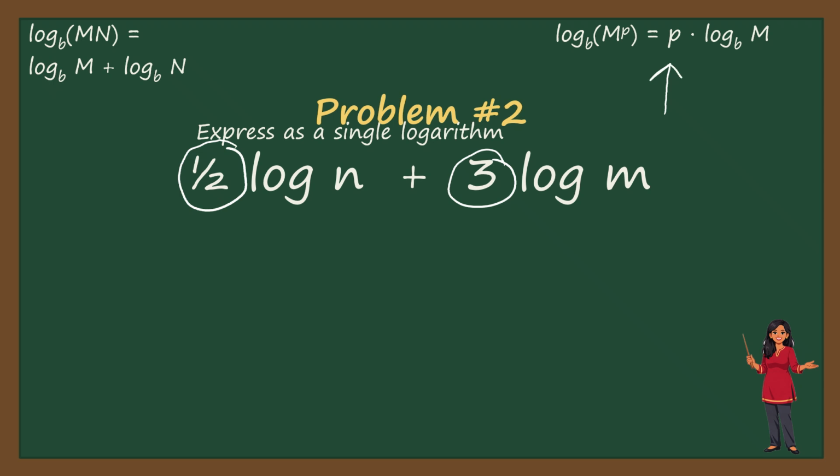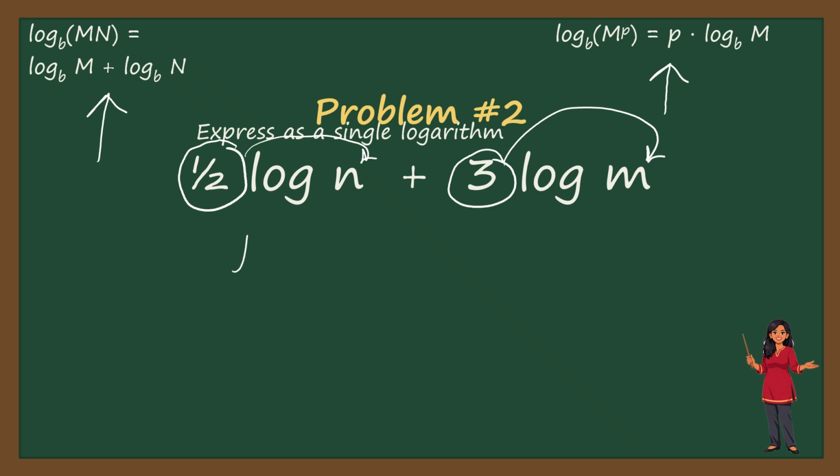One, we have to use the power rule, and two, we have to use the product rule. You see that you have p, which is your coefficient in front of your logarithm. That p has to become your exponent. So you will move that here, and you will move that here, and those will be your exponents.